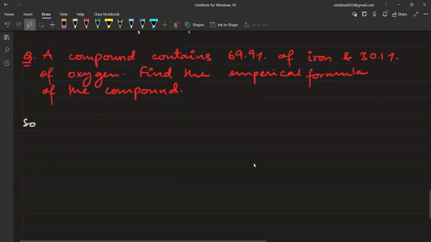Yes, tell me. Is it 69.97 or 91? It is neither 69.7 nor 69.21. It is 69.9%. Just to tell you guys, this is not the symbol for percentage, this is wrong.